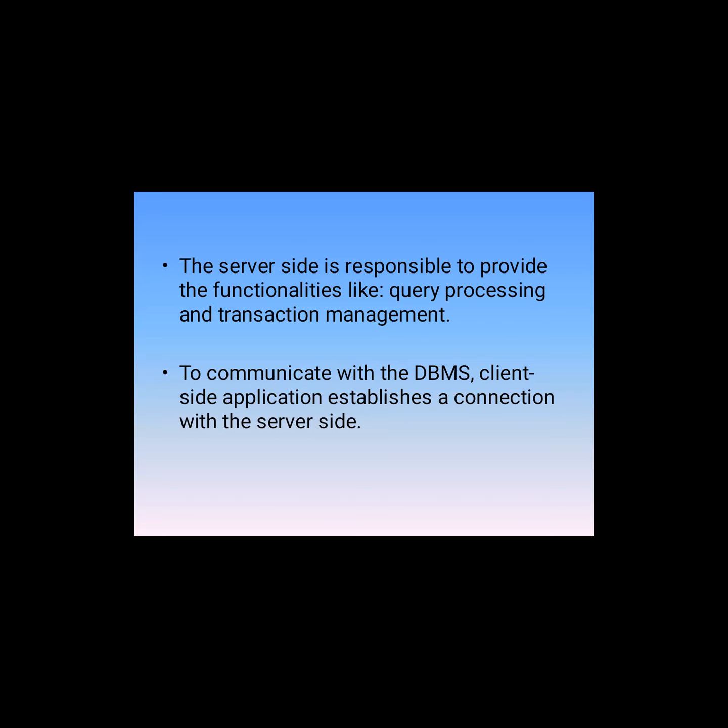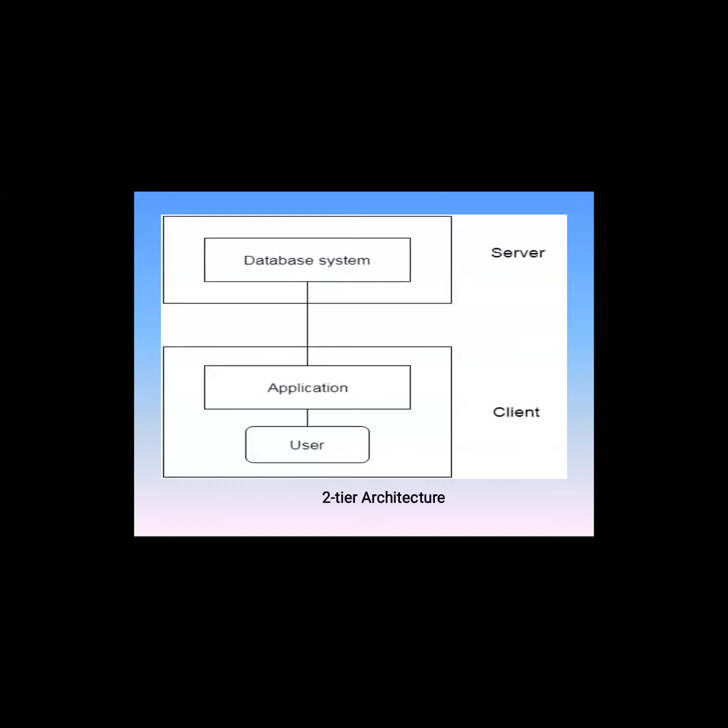To communicate with the DBMS, the client-side application establishes a connection with the server side. So the two-tier architecture is like this: initially the user uses some application, and that application sends the request to the server. Whenever it is received by the server, it is processed and the results are sent back to the end user. So we are maintaining two levels, and that's why this is referred to as a two-tier architecture.